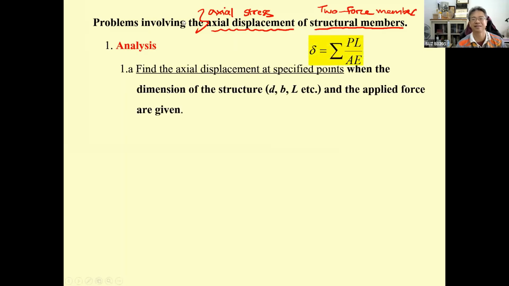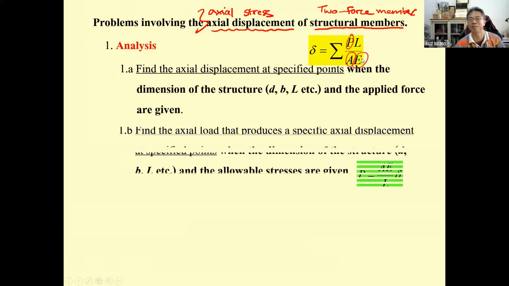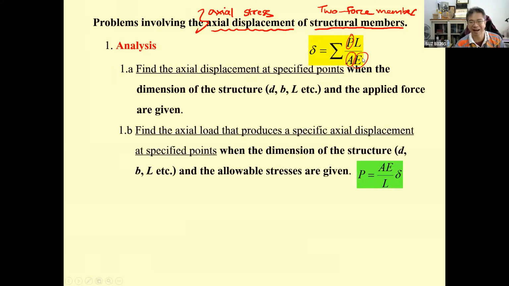In the analysis, again, we find the axial displacement. The axial stress we discussed from the first chapter. We find the axial displacement at some specific point when we know the force, the area, and the modulus of elasticity. So here the mechanical property comes to be involved in the problem, unlike the first chapter. Another one, from this equation, we just check.